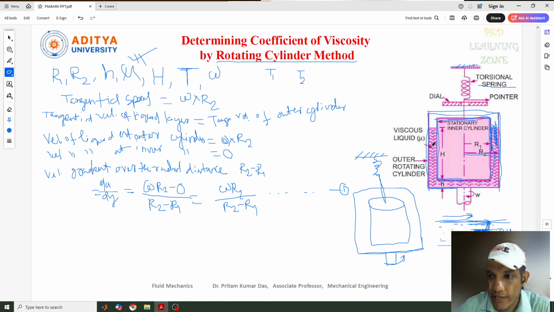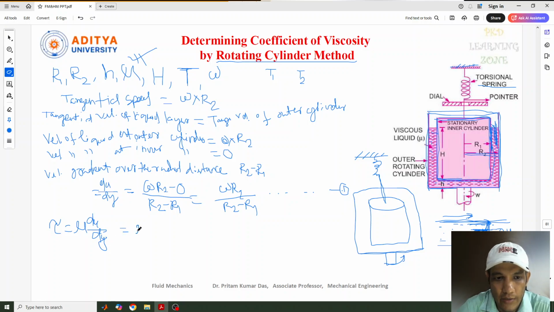Now as I told, this is Newton's law of viscosity. As per Newton's law of viscosity, we can write tau equal to mu into du by dy. So I'll put this value here.